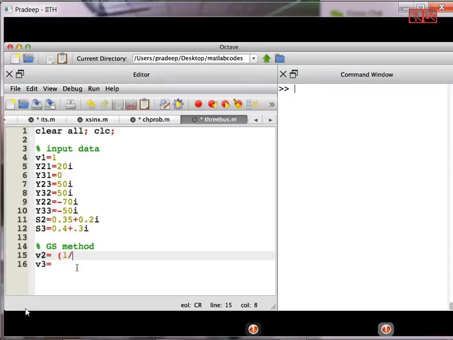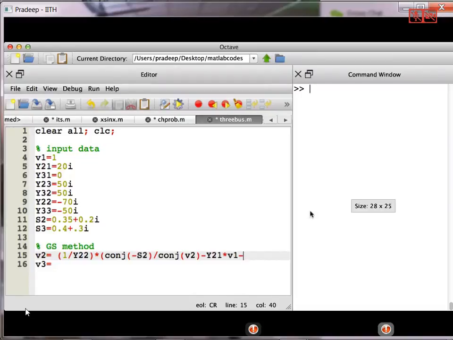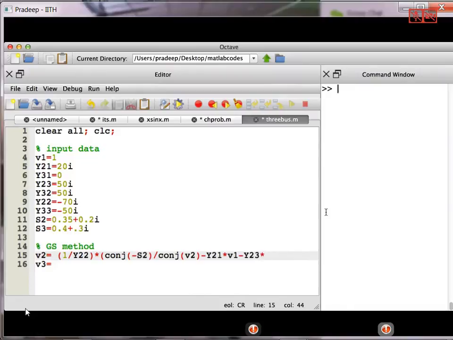This is 1 by Y22 into the conjugate of minus S2 divided by conjugate of V2, minus Y21 into V1, minus Y23 into V3.